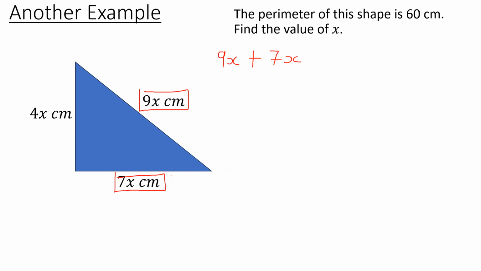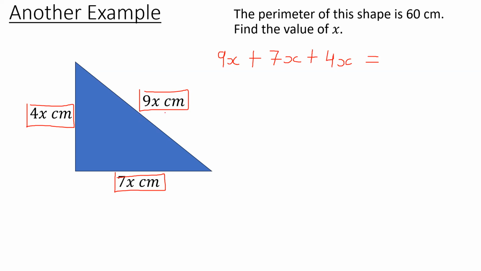So 9x plus 7x plus 4x is equal to what? Is equal to 20? Really?